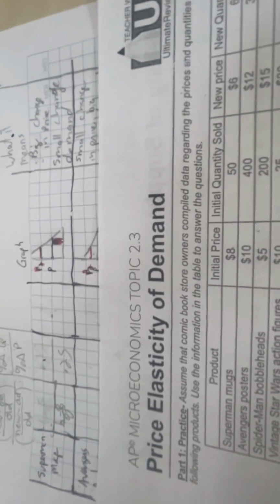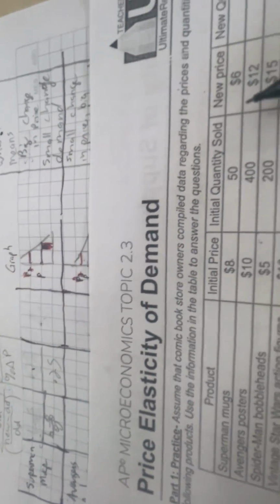Superman mugs, it is telling me on the top is going to be the quantity. So my initial, which means my old, is 50. My new is 60. So I'm going to follow this little formula: new minus old divided by old.